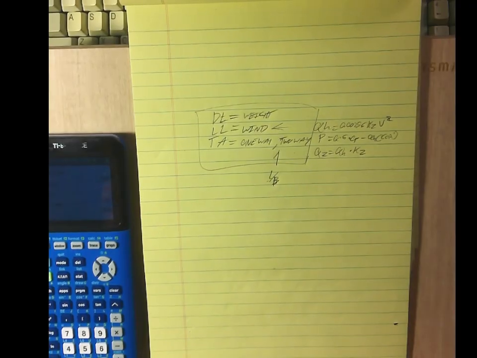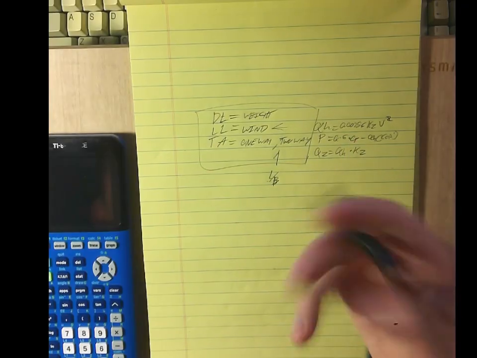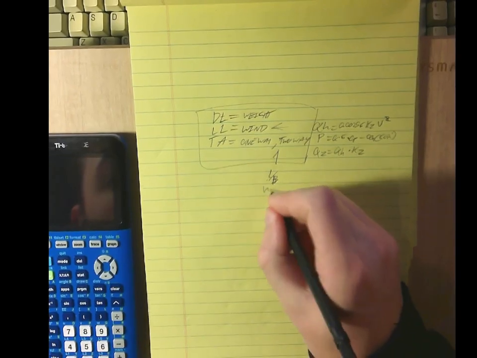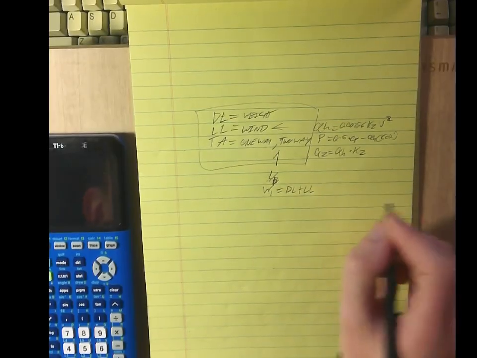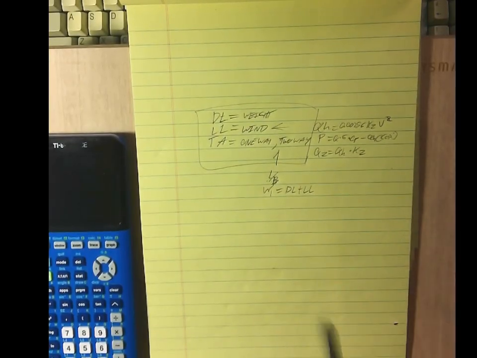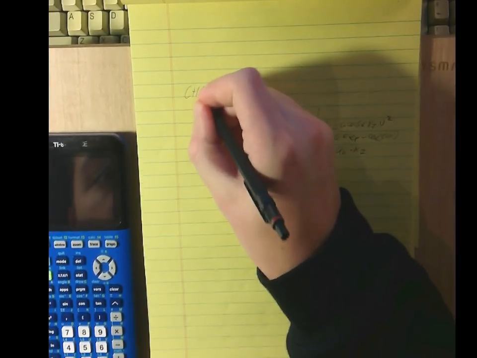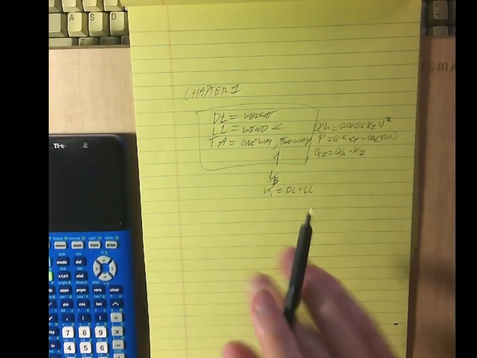Pretty much, I don't think there was anything that we needed to know for that. Also, for this one, W1 equals DL plus LL. All right, that's pretty much it for chapter 1 for structural.